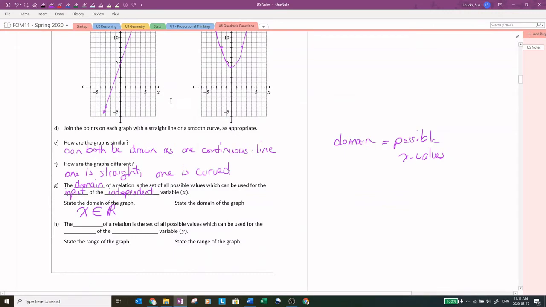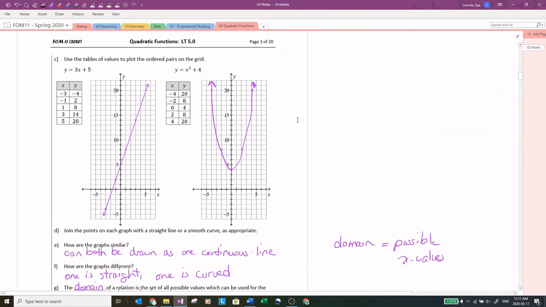The domain of the graph on the right is the same thing, because as this goes up forever, it is going to the left forever. It's going to the left much more slowly than it's going up, but forever is a long time, so it does keep going forever and ever. So it does encompass all of the x values to the left and all of the x values to the right.